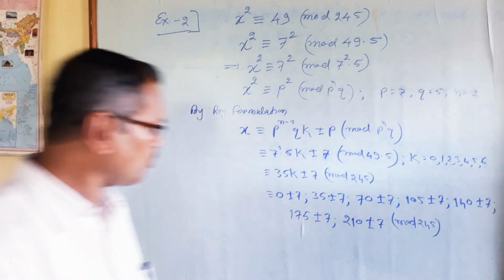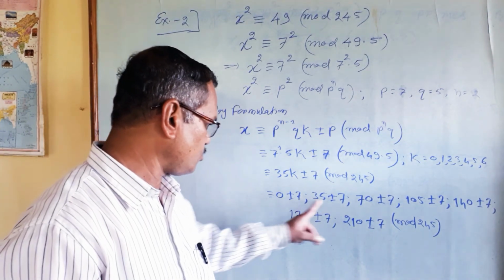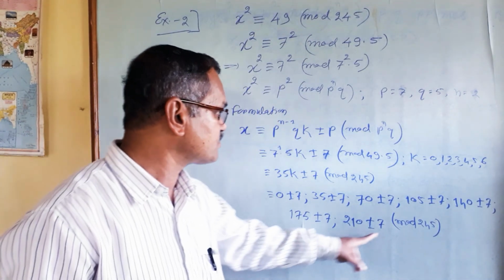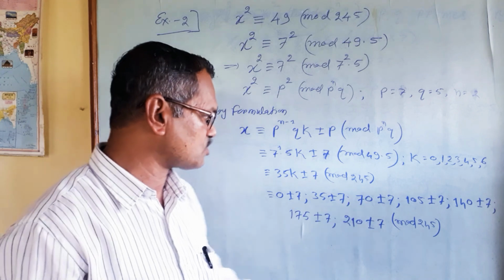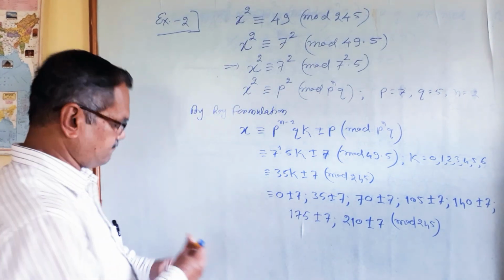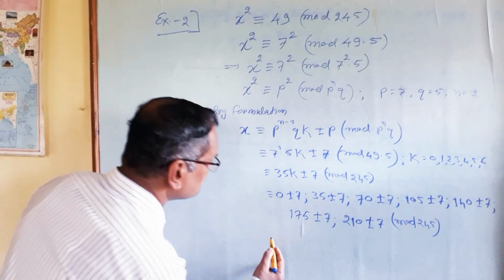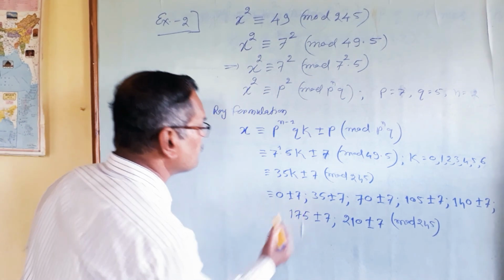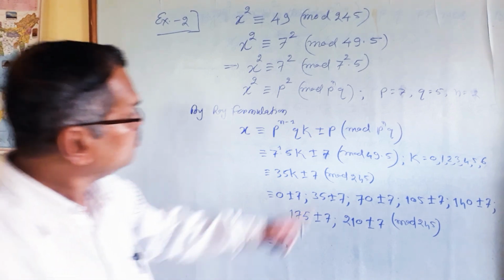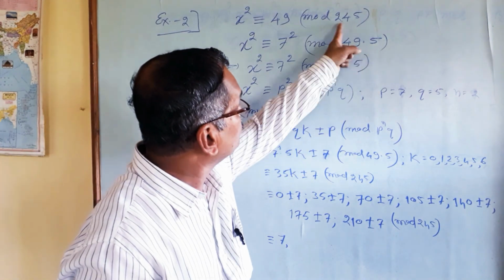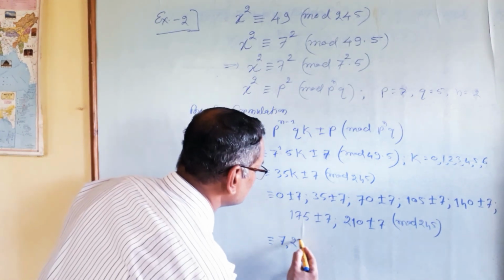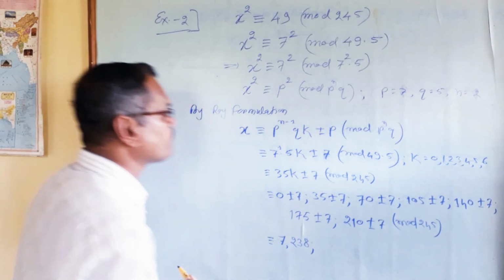So these are the 14 solutions for k equal to 0, 1, 2, 3, 4, 5 and 6. For k equal to 7 values, we have 14 solutions. Now we have to write the answer. That 0 plus 7 is 7 and minus 7 means 245. 245 minus 7, that means 238.